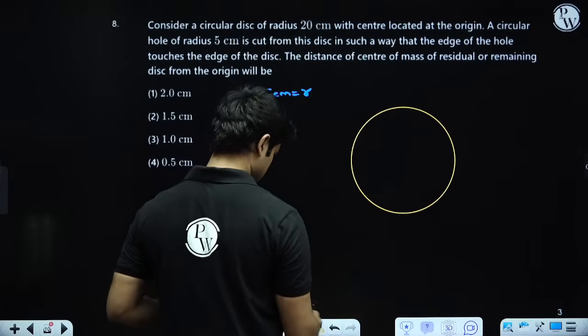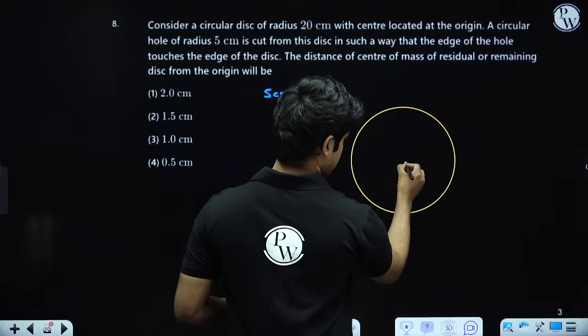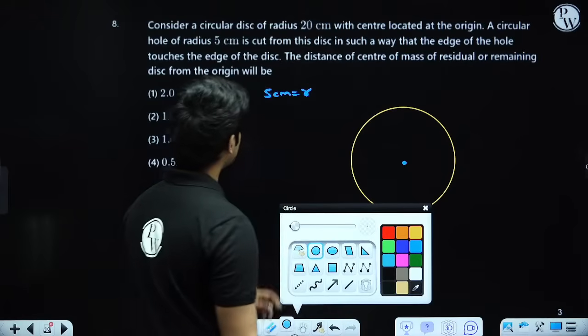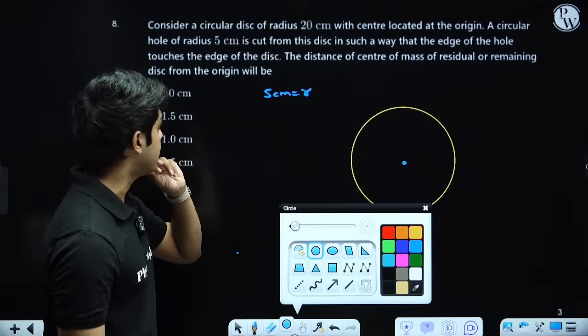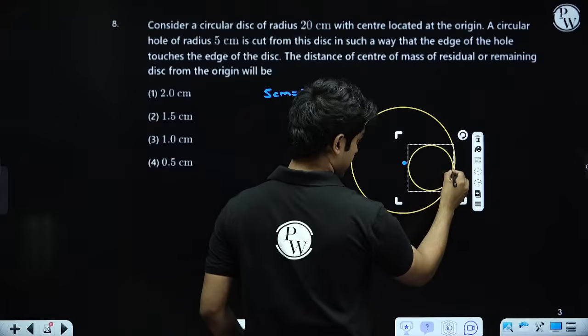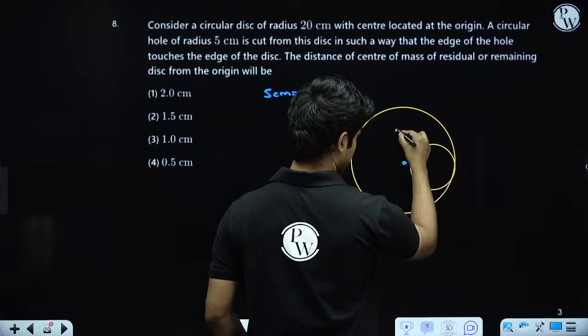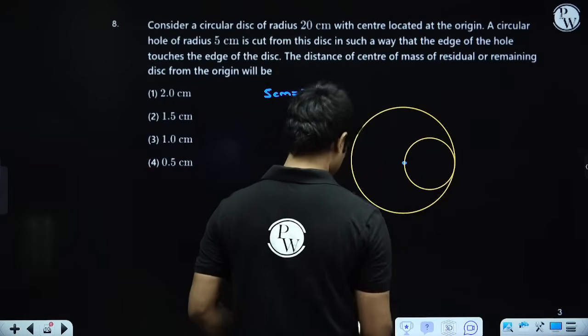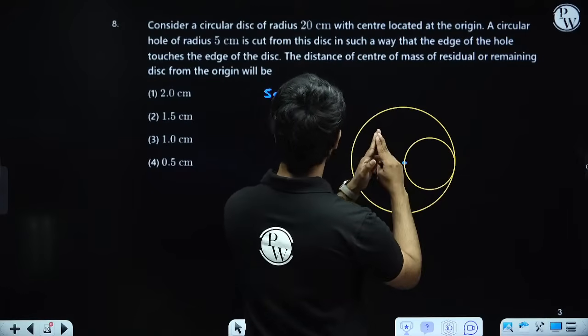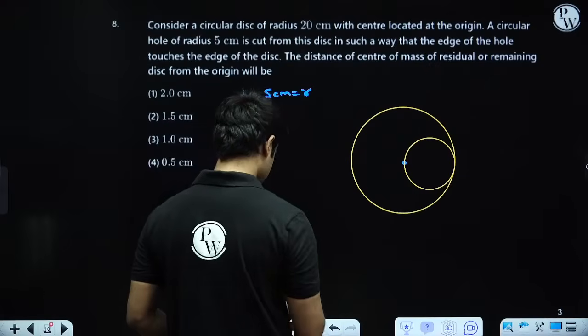This is the disc. If this is, let's say, the center, what is the radius of the hole? It's 5. So the hole will look like this. It will touch the circle. No, actually it won't touch the center.